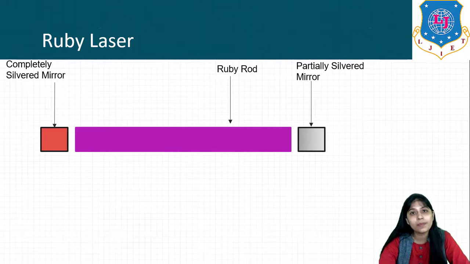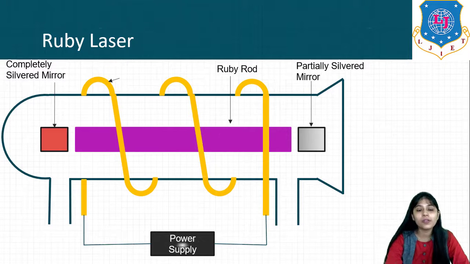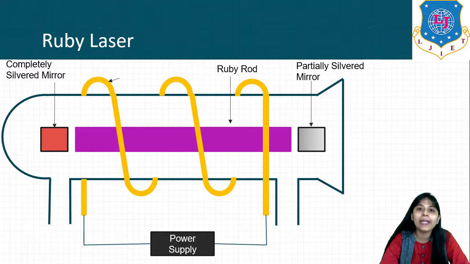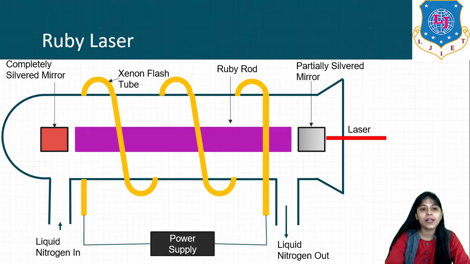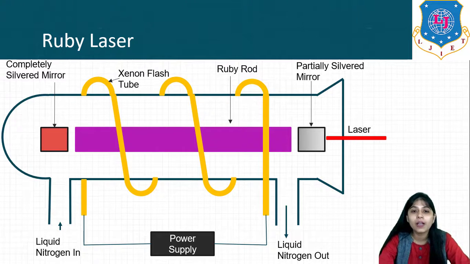Then this ruby rod is covered with a helical xenon flash tube, as you can see in this diagram, which covers the ruby rod so that optical pumping can be provided.